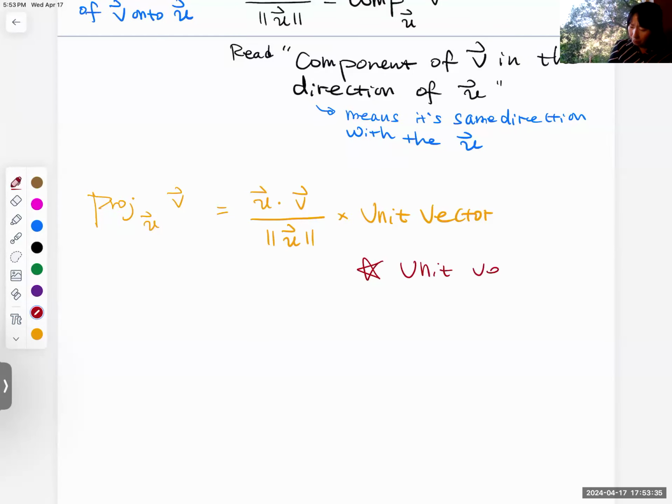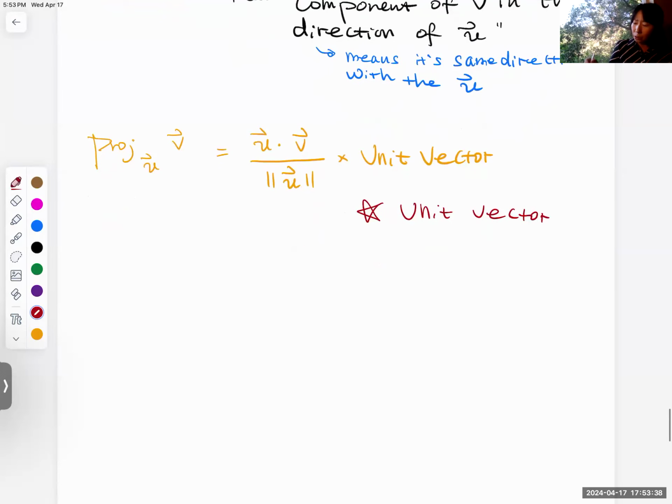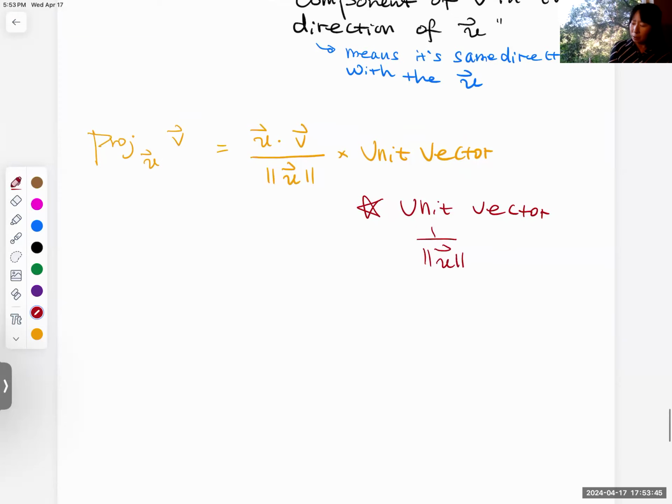The unit vector form is 1 over the magnitude of U times the vector U. We call this the same direction as the vector U. We know a vector has magnitude and then direction, right?